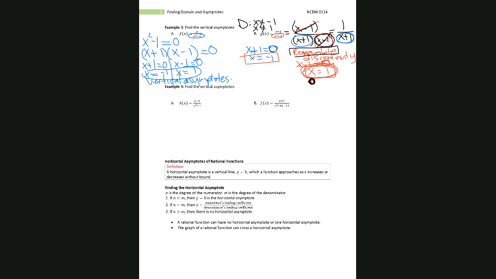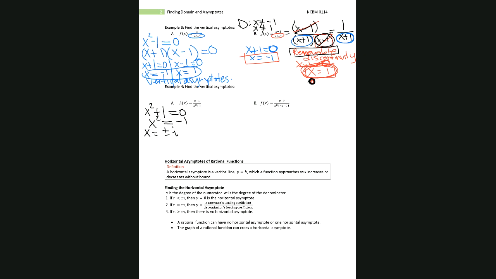Now let's move to example 4. For example 4, if we try to solve this equation, taking the denominator and equaling it to 0, it will say x squared is equal to -1. Now, in imaginary numbers, yes, it does have a solution. It will be plus or minus i, and we will cover that section pretty soon.